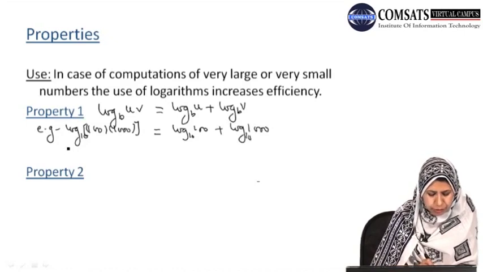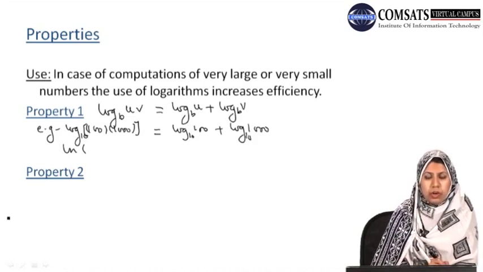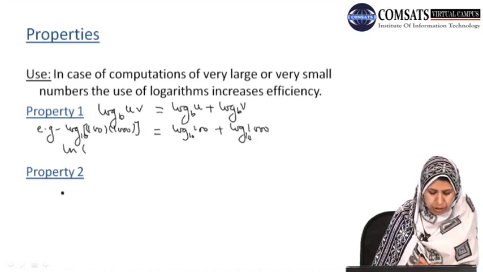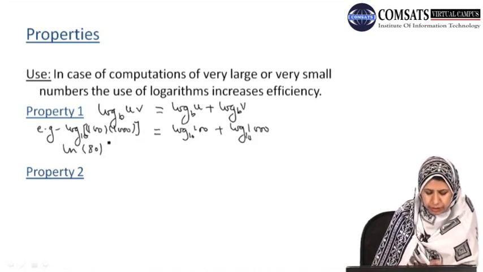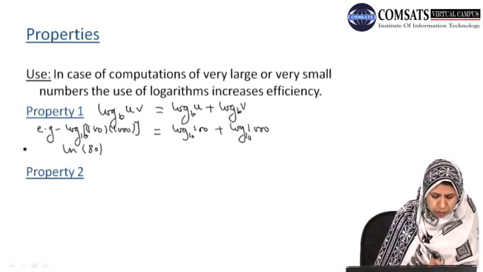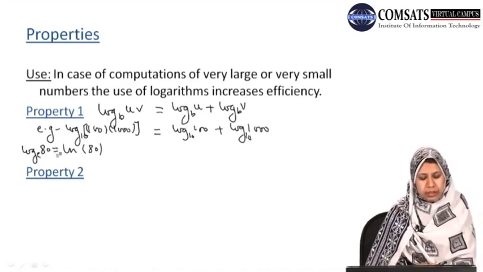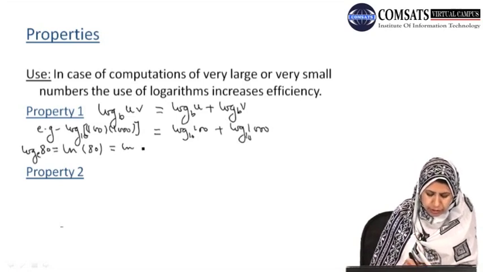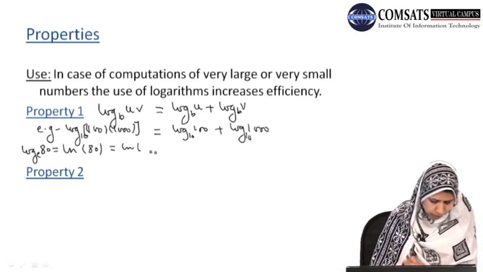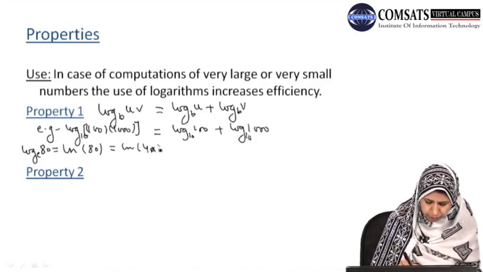If we are asked to find the natural log, we represent it by ln, and the common log we write as log. If we want to find the natural log of 80, that is, log of 80 to the base e, then we can simply split this 80 into a product, as log of 4 times 20.